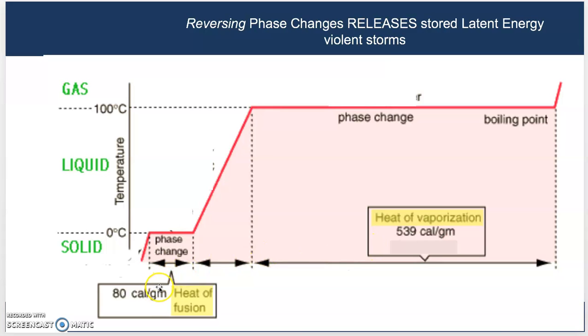The heat of fusion is less dramatic, but it's very important for things like the formation of ice on pavement. And what we know about freezing warms the pavement.